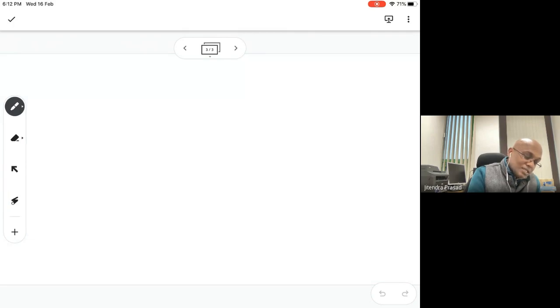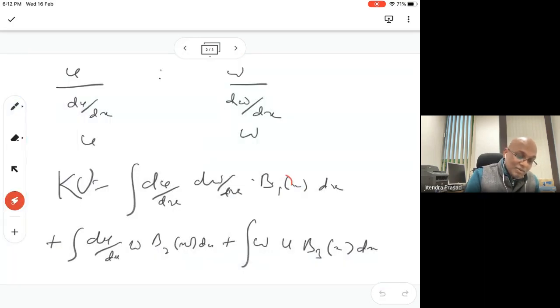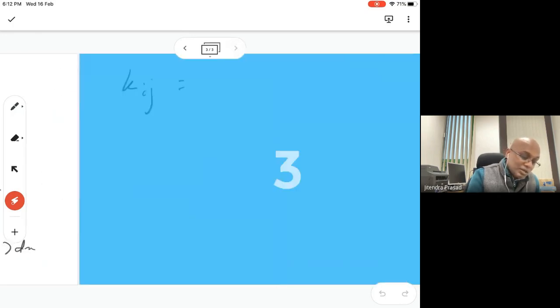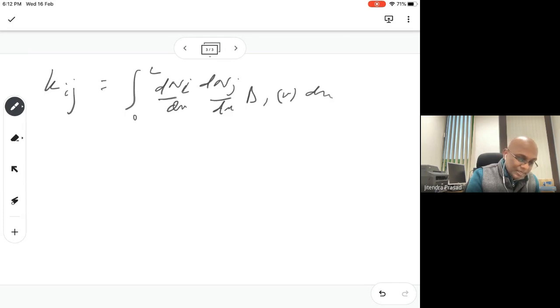As you know, typically we have Kij depending on which form you have. So if you have this form, in that case Kij will be the integral from 0 to L of dni over dx, dnj over dx, and b1x dx. It could be of this form.